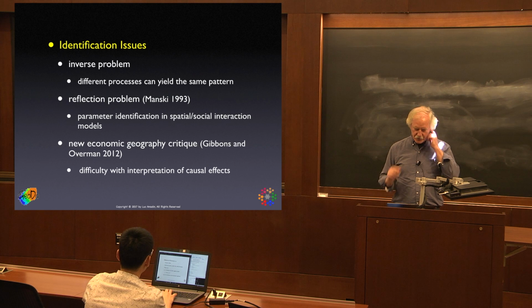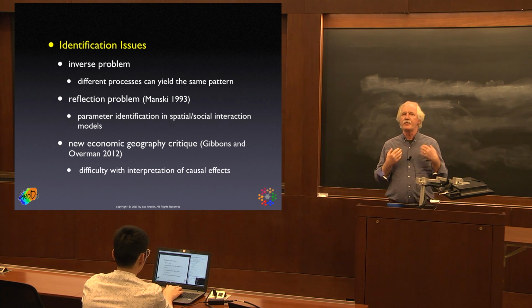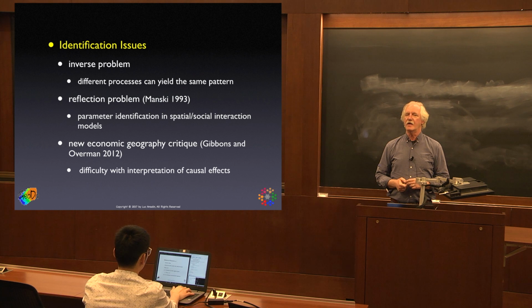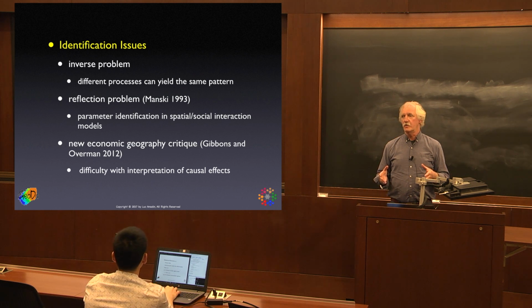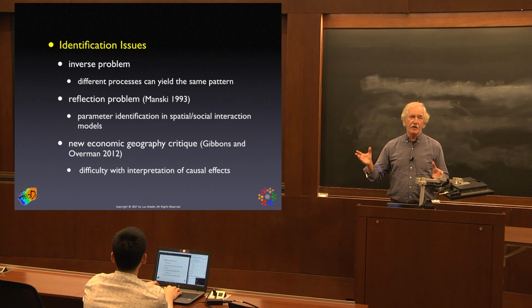There are some problems with this model, and from my perspective, the most important one, and I've already mentioned this a couple of times, is what we call the inverse problem. And the inverse problem is that we see patterns, but we model processes, right? So we have a given pattern, you can call it a map of the data.